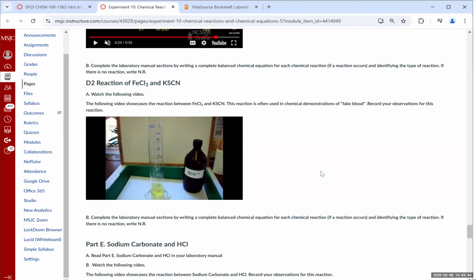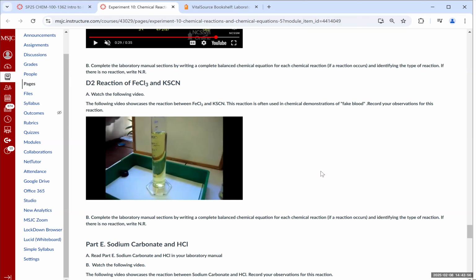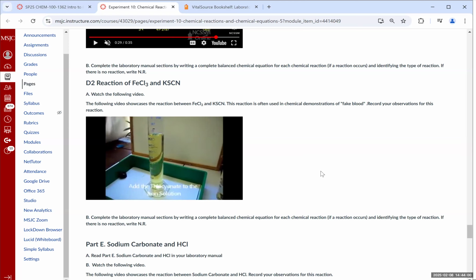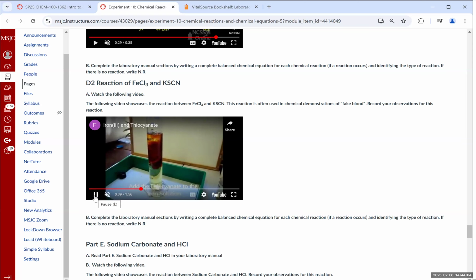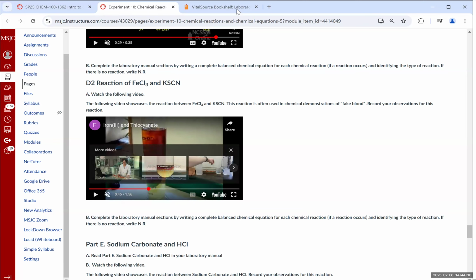We are then going to mix it with the thiocyanate solution. And this is often going to result in a pretty dramatic color change as we generate a new product. So as you can see, there's quite the dramatic color change as we generate the iron thiocyanate product.